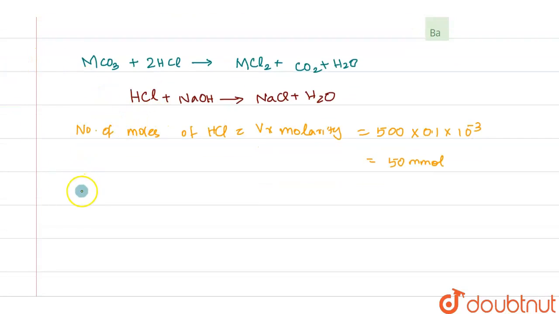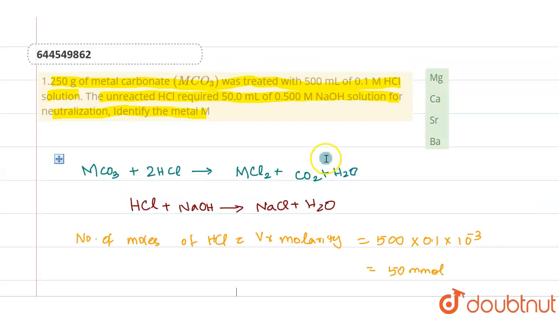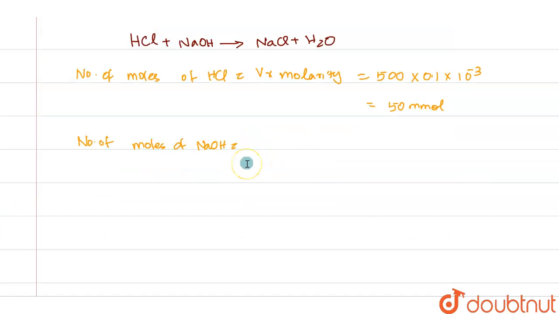Now let's find the number of moles of NaOH used. This was the total number of moles of HCl. Now for NaOH, we have been given 50 ml of 0.5 molar NaOH.